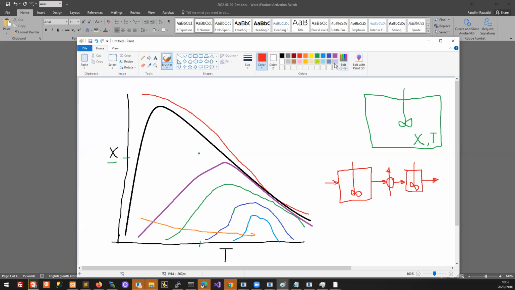And the reason we did that was we said, well, when we come along with our reactor, we have an operating line, which is our energy balance. And we can see we can't go beyond the equilibrium point here, right? As we are increasing the volume of this reactor, we are going through different reaction rates.